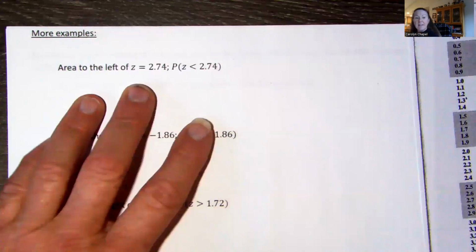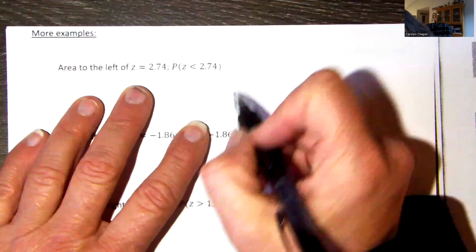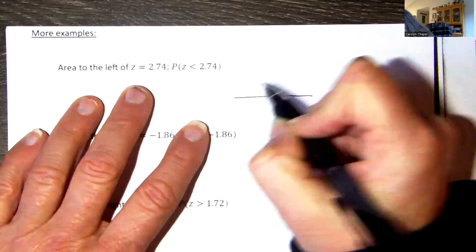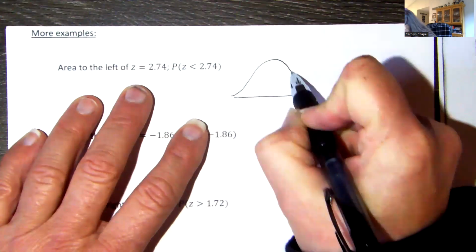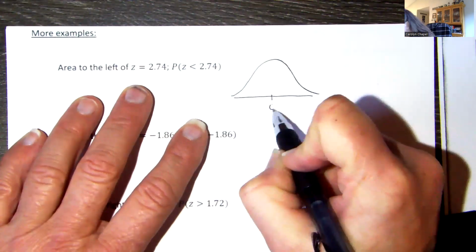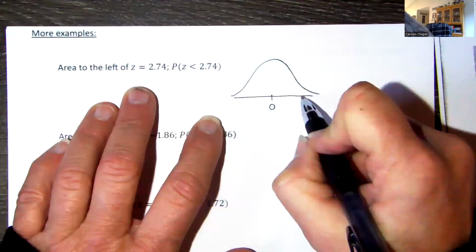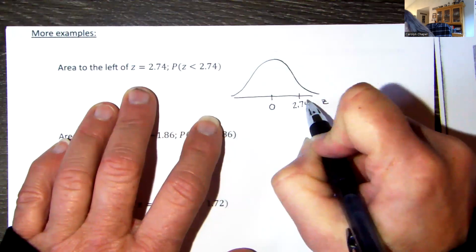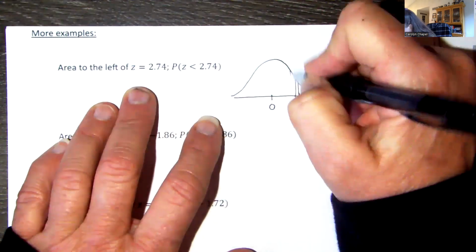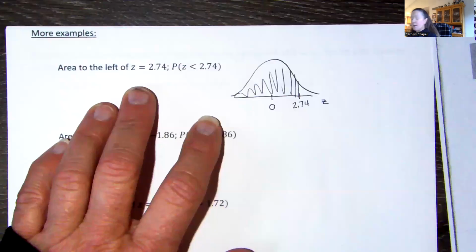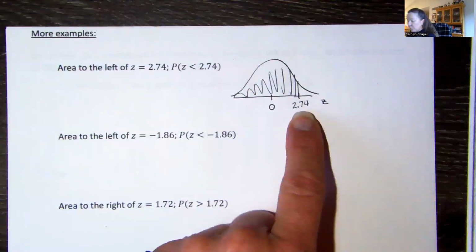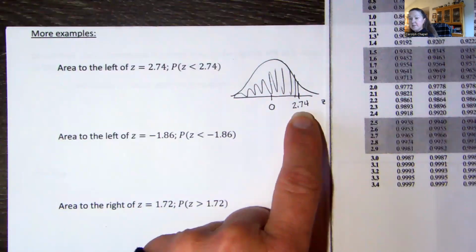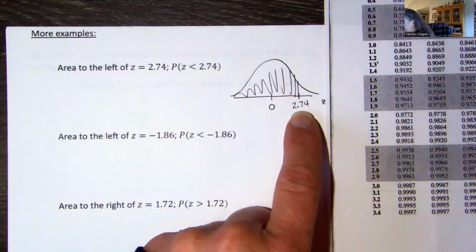So again, we want to find the area left of 2.74. Again, I like to draw pictures because they help me. 0 is in the middle. Z of 2.74 is on this side. Okay, so I need to look up that 2.74. It is a positive, so I want to be on the positive side.